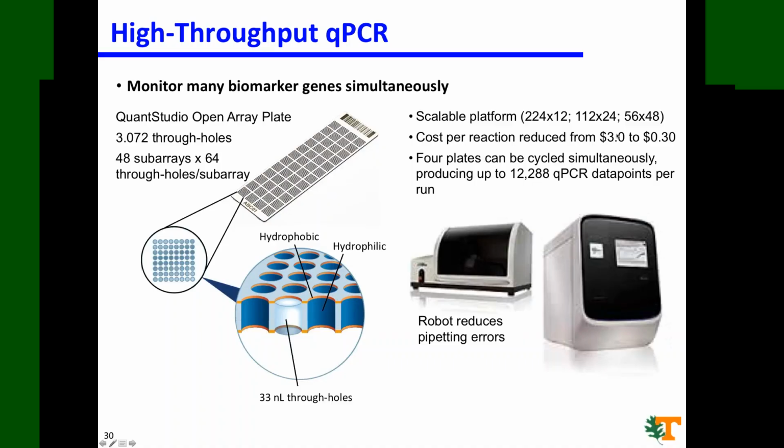Now this reduces the cost per sample significantly, but because you have to run so many samples, the overall cost is actually not really reduced unless you always have that many samples to run, which is unlikely.